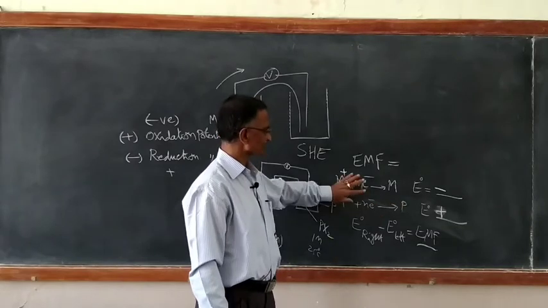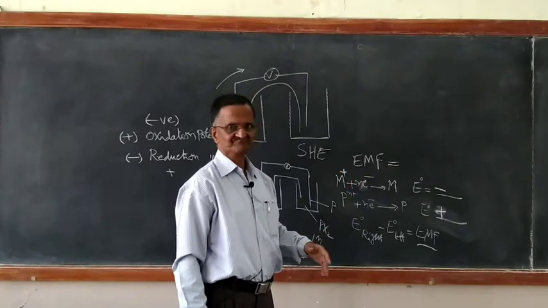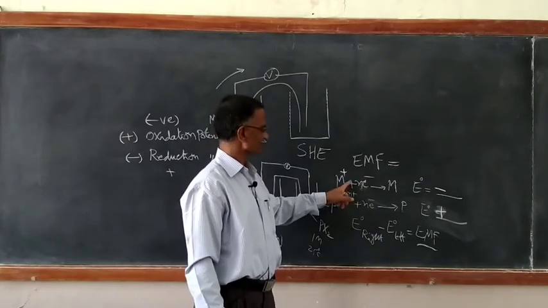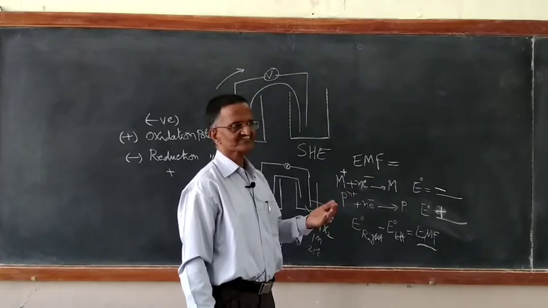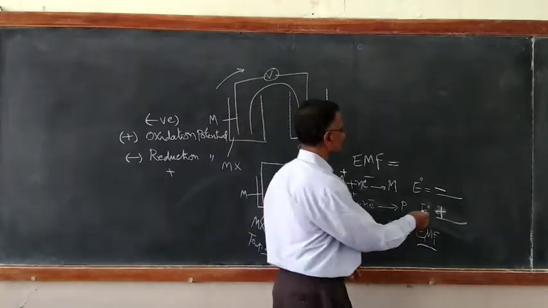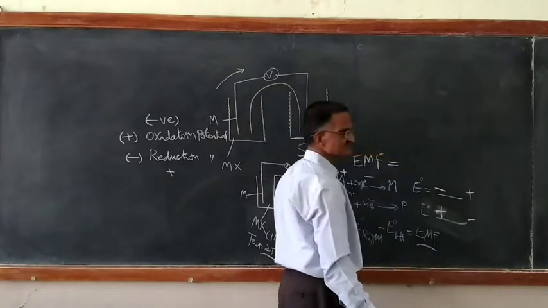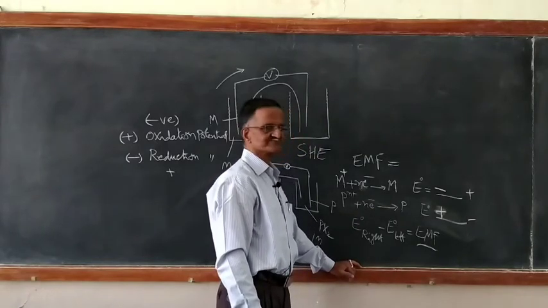And later if I convert these values into oxidation potential, the values that are given are in terms of reduction potentials. If I want to have both of them in terms of oxidation potentials, that will be positive, that will be negative.